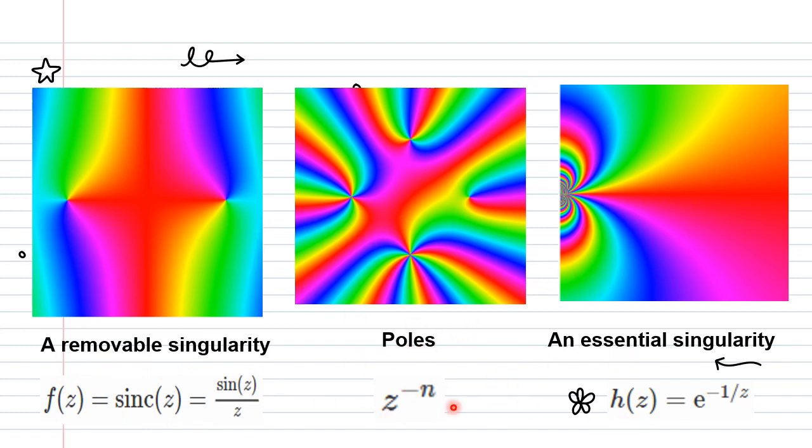In these two particular cases, the function was smashed, and they basically used code to smash it so that they could represent it like this and see each of their poles.